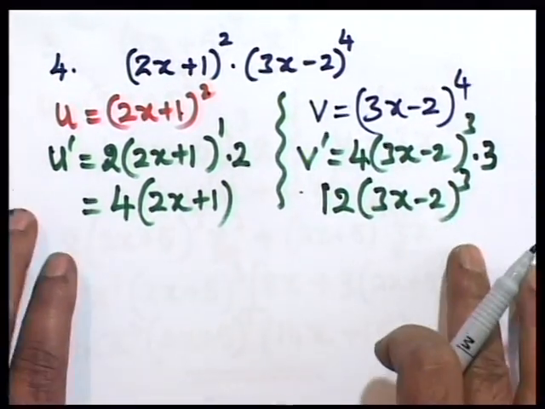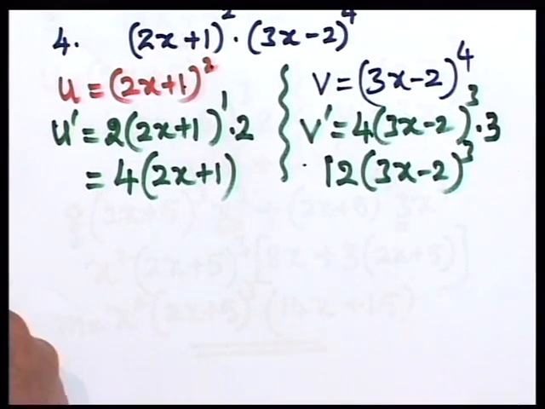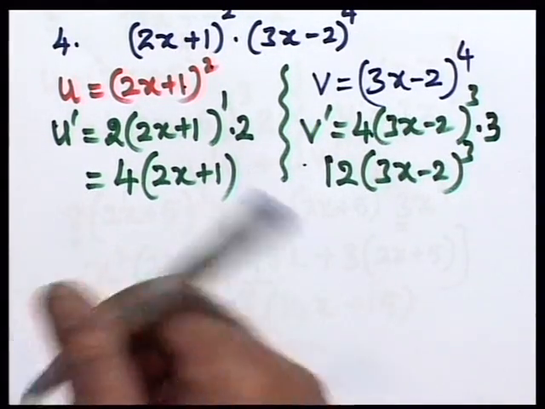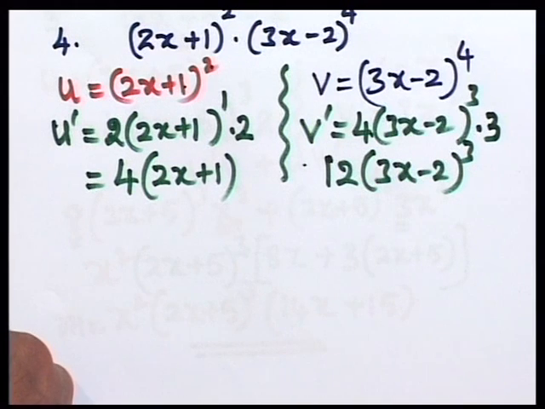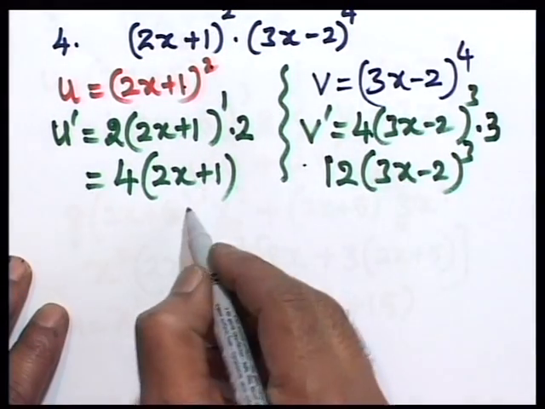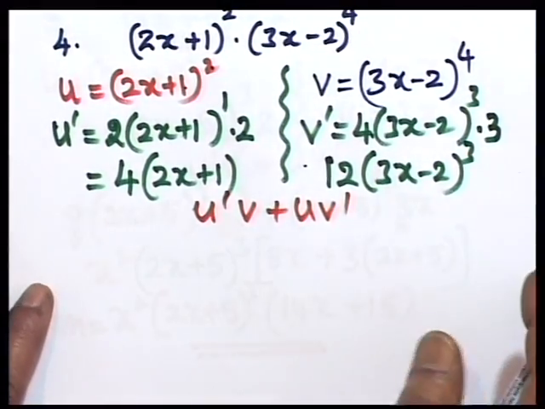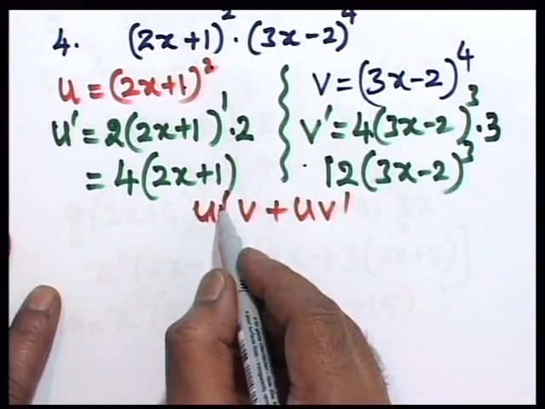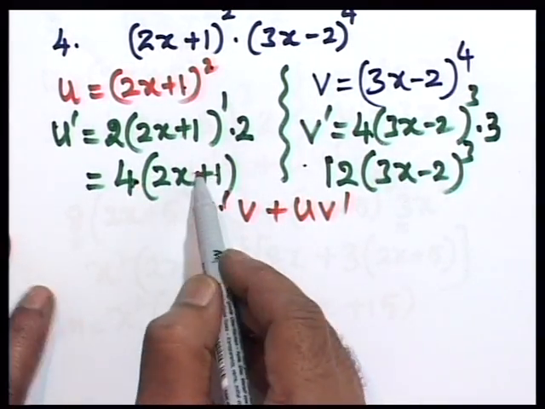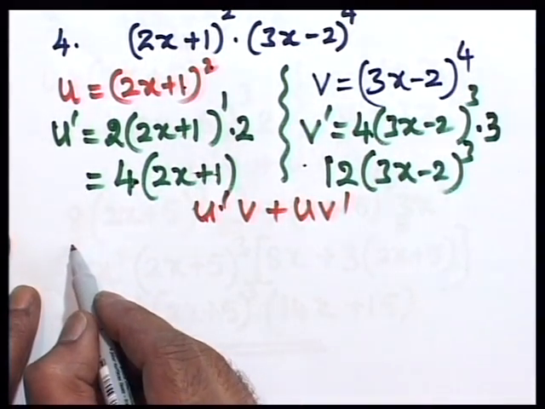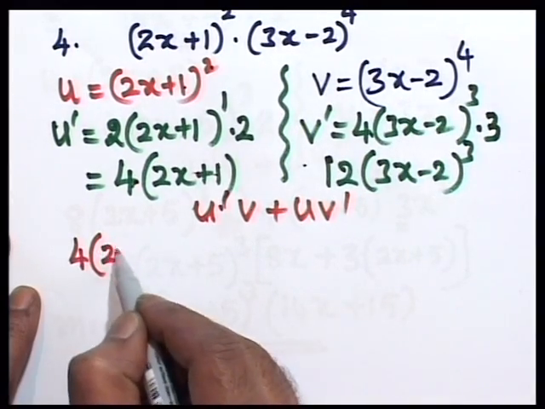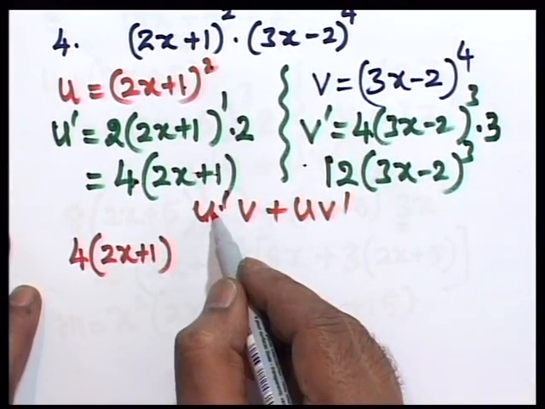So we got all 4 of them ready. We just need to substitute in the equation, which we all know, right? We all know that u dash v plus u v dash. Okay, u dash, watch that, this is the u dash, so let me copy that, we need more space. 4 bracket 2x plus 1, u dash done.